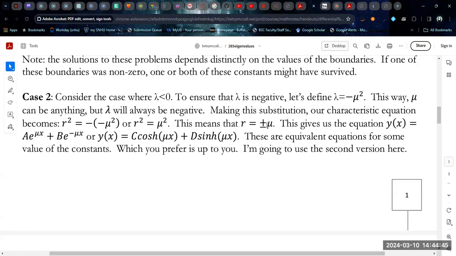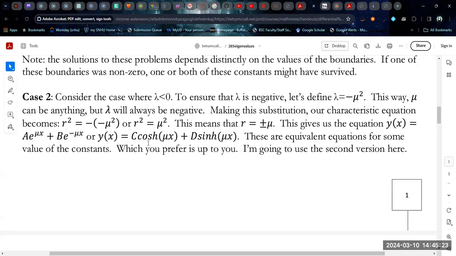Now, that means that there's two possible solutions: r is equal to mu, and r is equal to negative mu. And there's two ways that you can write solutions like this. You can write them as the base exponential functions, a e to the mu x and b e to the negative mu x. Or, depending on your professor, they may be enthralled with hyperbolic trig functions, in which case it is also a valid way to express the solution as hyperbolic cosine mu x and hyperbolic sine mu x.